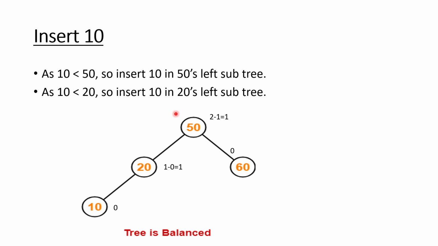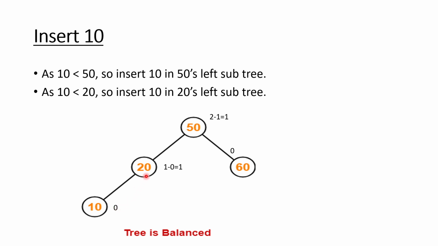Now we'll go for inserting the value 10. Start from root 50. 10 is less than 50, should be on the left side. Now there is a left node whose value is 20. Our key value is 10, which is to be inserted. Should be on the left side. There is no left child for 20, insert it. Compute balance factor. 10 is the leaf node, so height is 0.